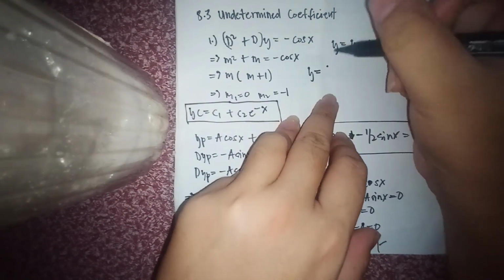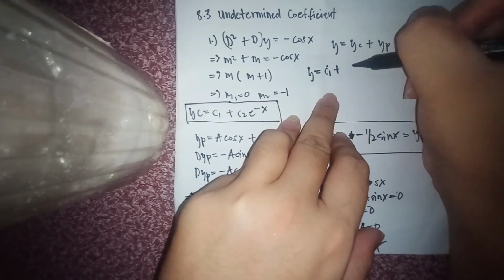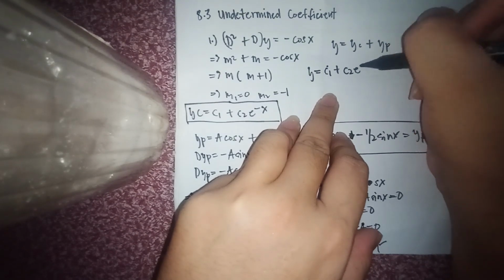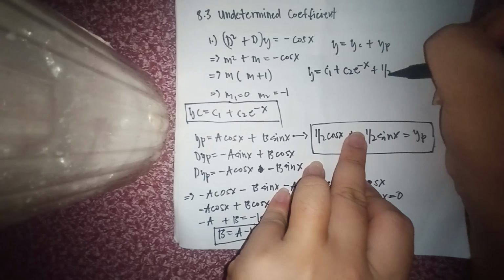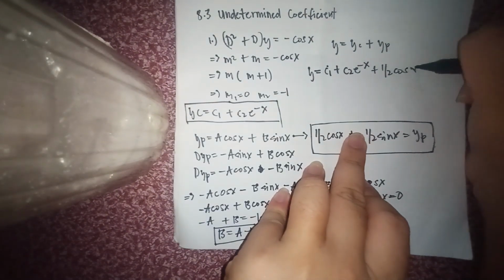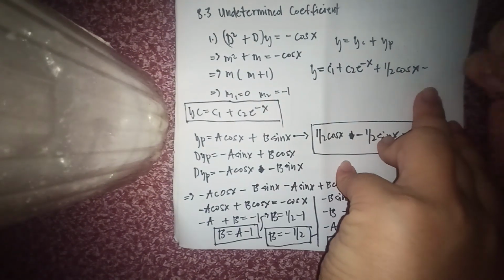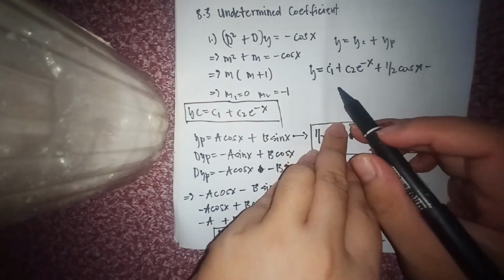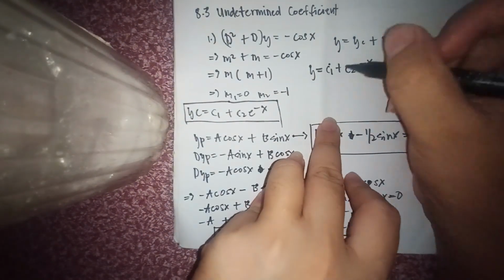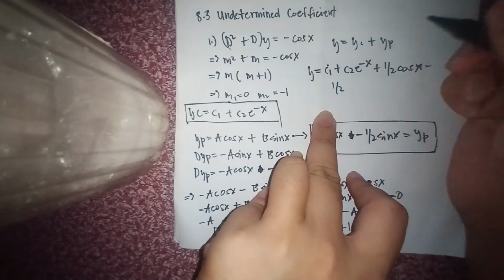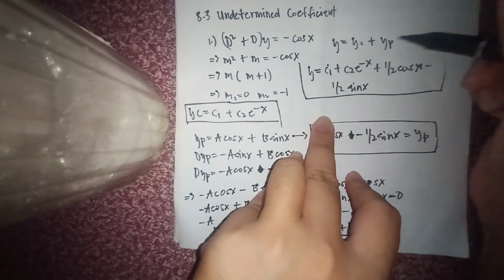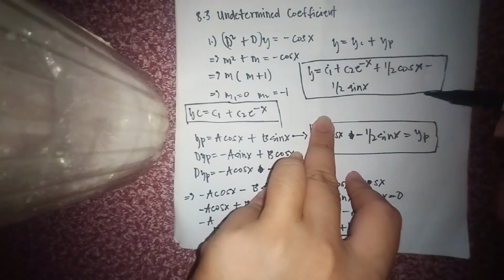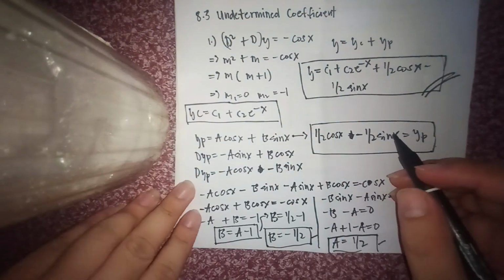So yc is c1 plus c2 e raised to negative x, and for the yp is plus 1/2 cosine x minus 1/2 sine x. So this is the value of our y and this is our final answer.